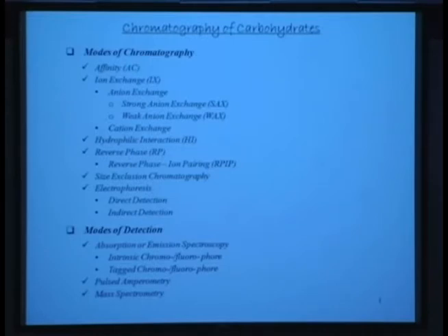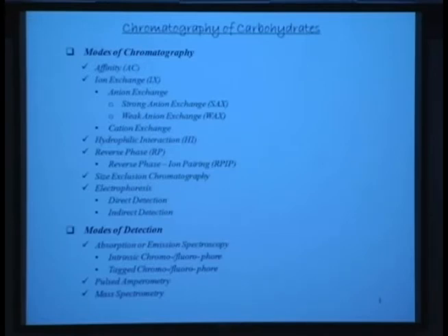Some of these techniques are really very useful. They are very powerful, and we can understand a lot about the structure also based on chromatography. So for example, we have affinity chromatography, we have ion exchange chromatography. Ion exchange can be of two types, anion exchange or cation exchange.